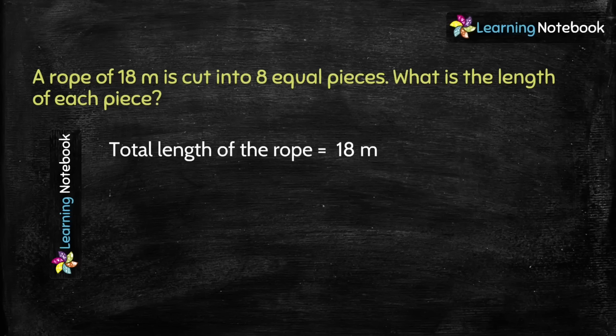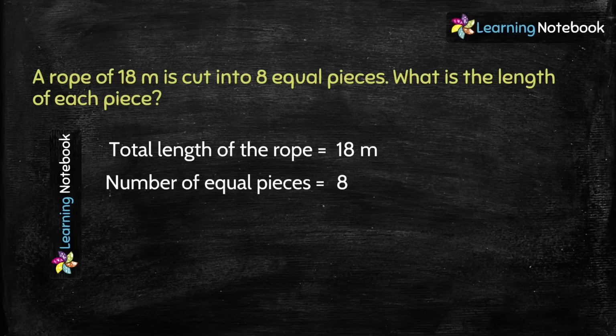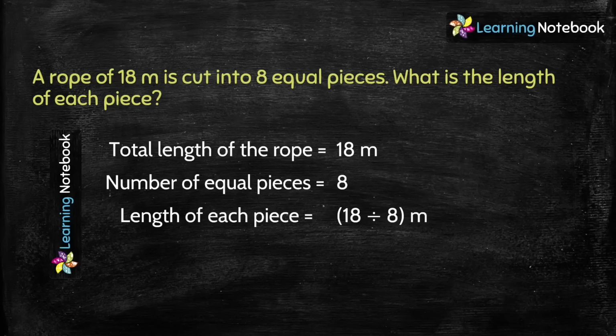Let's first write the statements. Total length of the rope is given as 18 meters. And number of equal pieces is given as 8. So to find the length of each piece, we will divide 18 by 8.